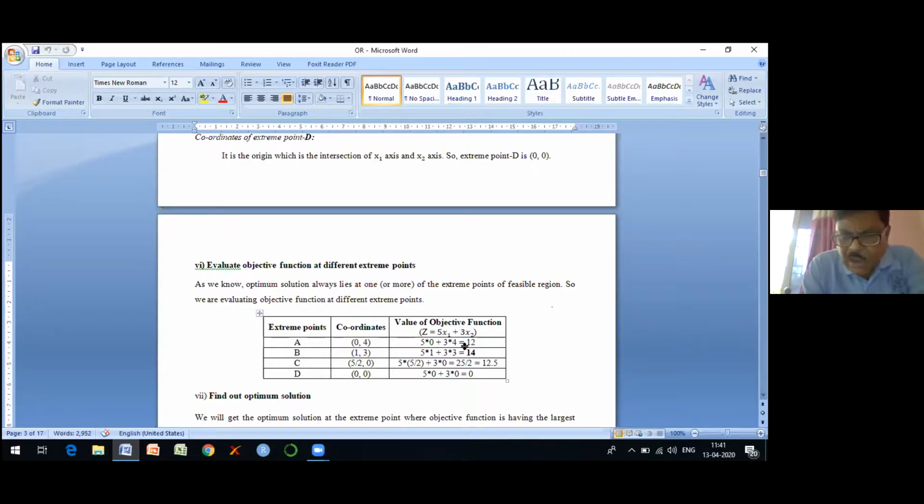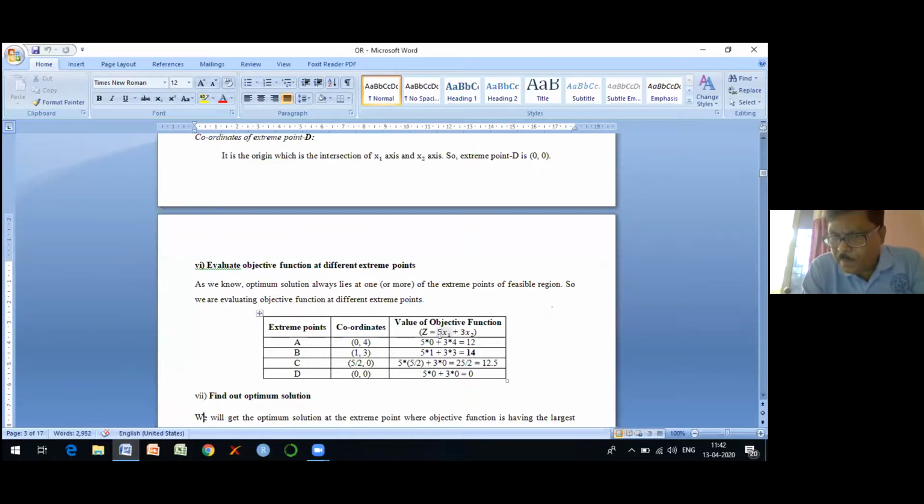So what points are we considering? A corner point, and here the value is 0, 4. B corner point, the intersection point, 1, 3. C corner point 2.5, 0, and D is the origin 0, 0.